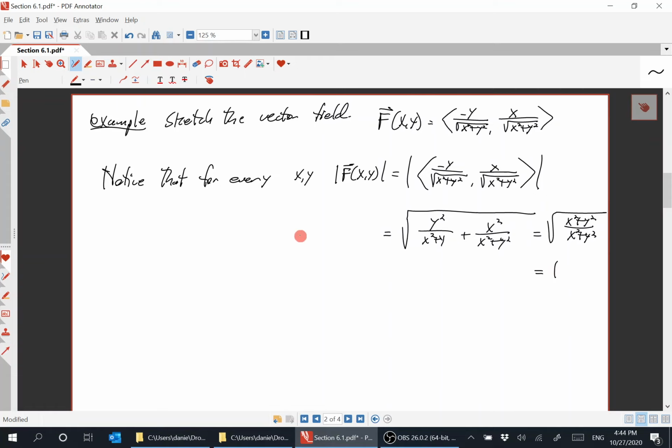So for every x, y, the vector in the vector field has length 1. Such a vector field is called a unit vector field, obviously, because every vector in the vector field has length 1.